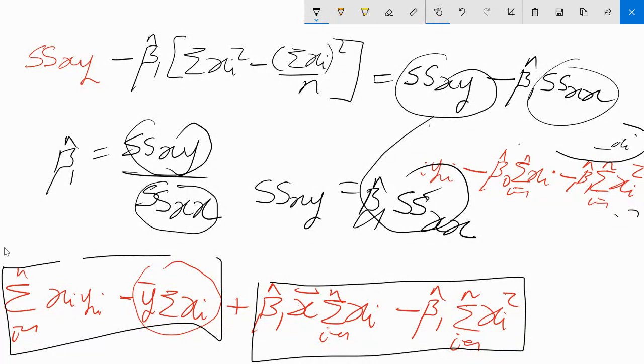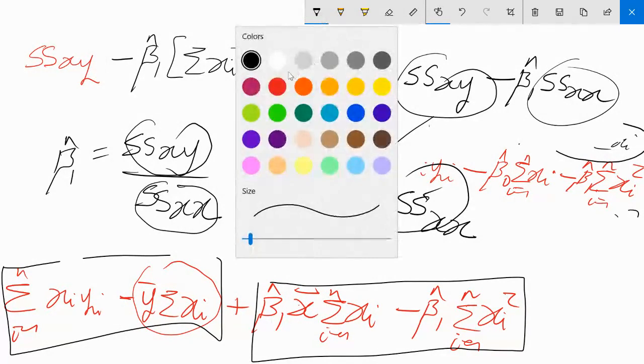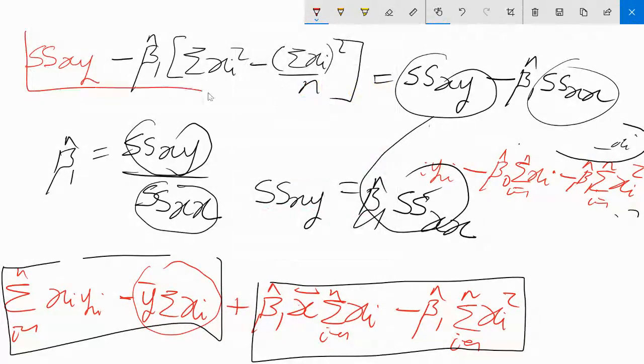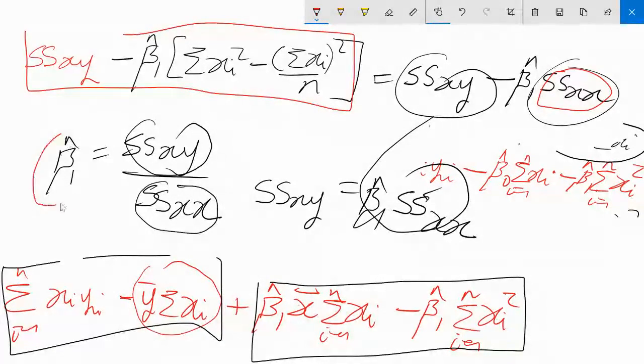All right, thank you. So when you say the last part, I want to assume that you got this one. This one is nothing but SSxx, so we're replacing that by SSxx here. Now, we know that beta 1 hat is equal to SSxy divided by SSxx. So if we make SSxy the subject of the formula, we get that SSxy is nothing but beta 1 hat multiplied by SSxx.